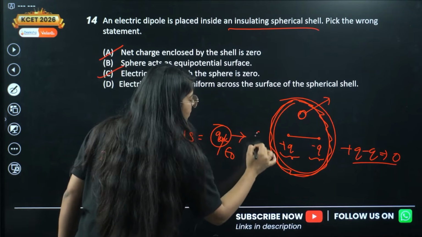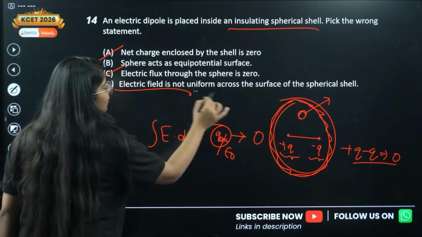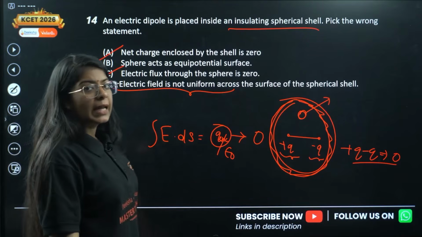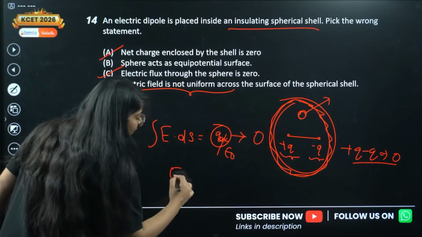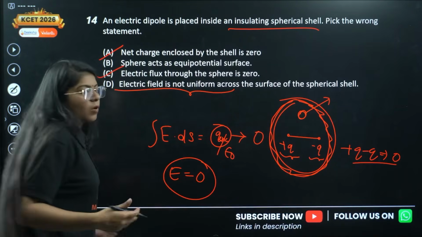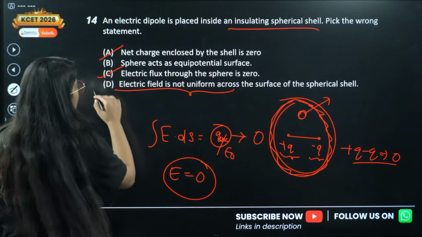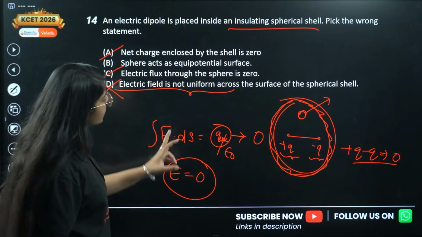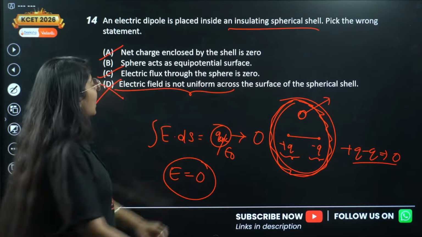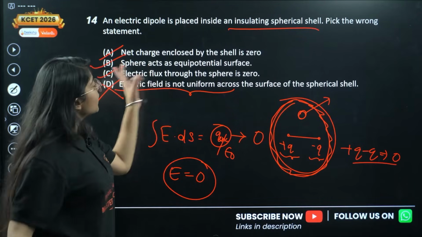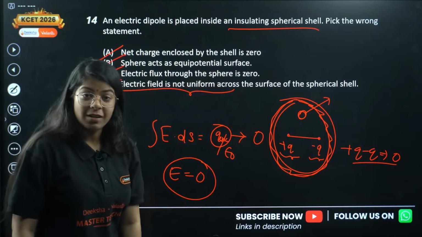So, this is 0. It is wrong, because electric field here is 0, which is obviously uniform. So, this is wrong, and since electric field is 0, it will be an equipotential surface, and hence that statement is also true.